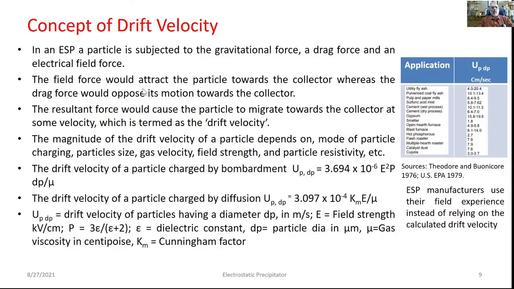The field force would attract the particle towards the collector, whereas the drag force would resist its motion towards the collector. The resultant force would cause the particle to move towards the collector at some velocity, which is termed drift velocity.